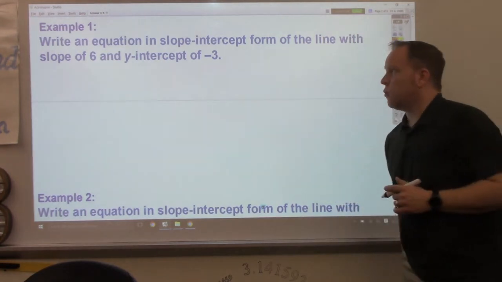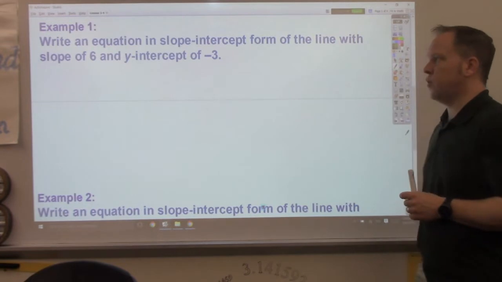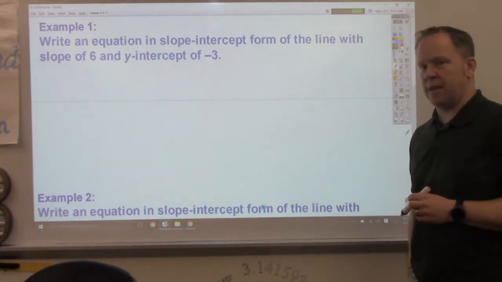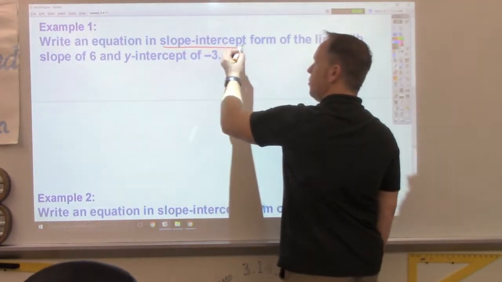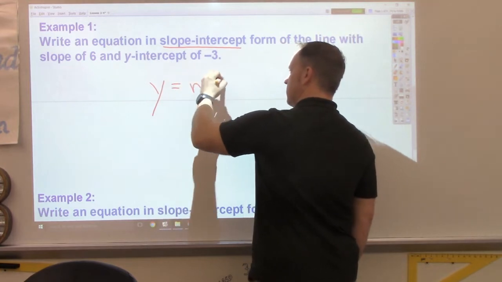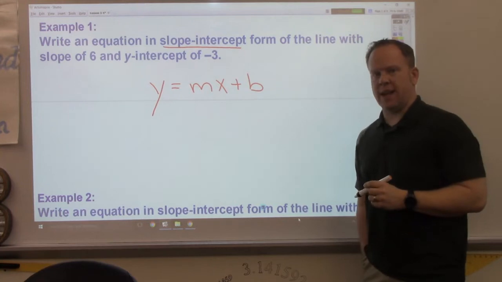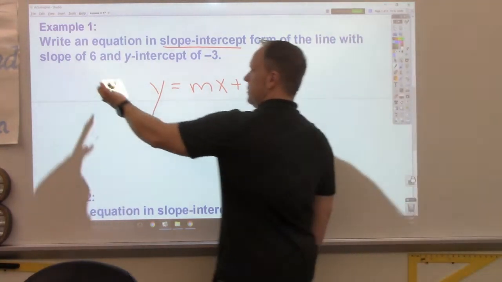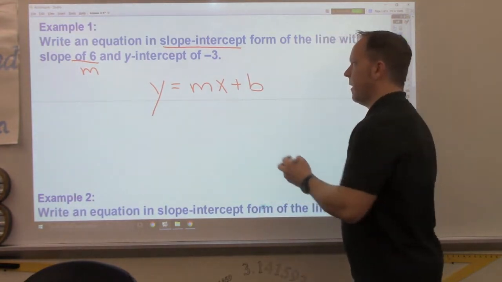Example 1. Write the equation in slope-intercept form of the line with slope of 6 and y-intercept of -3. Well, first off, they wanted slope-intercept form. We were just reminded that that's simply the form y equals mx plus b. Slope is 6, that is m.